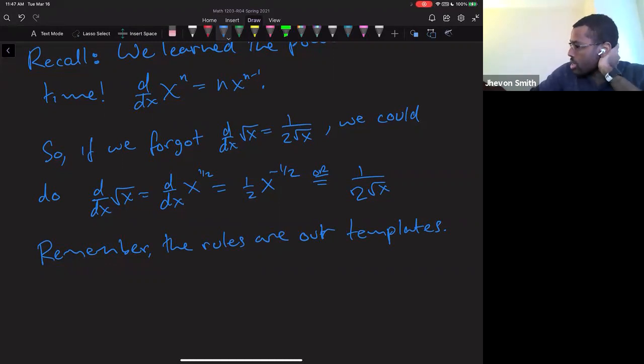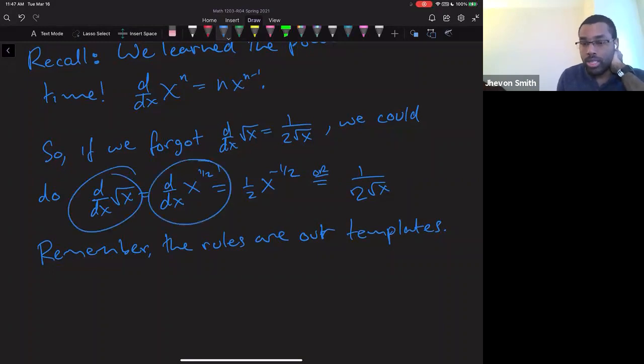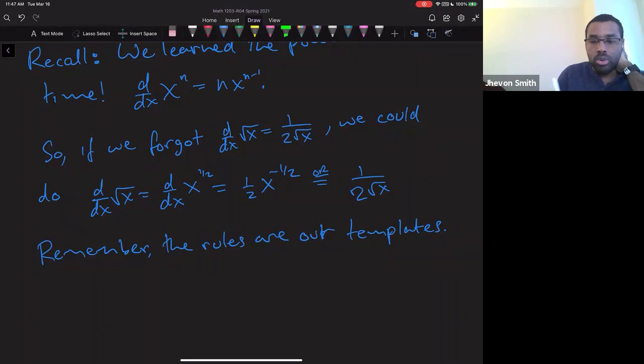There are a couple types of mistakes that you can make in a math class. One, you can just get stuck and not know what you should be doing. Whenever that's the case, it means there's a rule that you're forgetting. So you need to go back and look at the rule, and then use your algebra skills to change what you have, like this guy, to look more like a rule that you have, which is that guy. You want to be able to rewrite things to look like the rules.